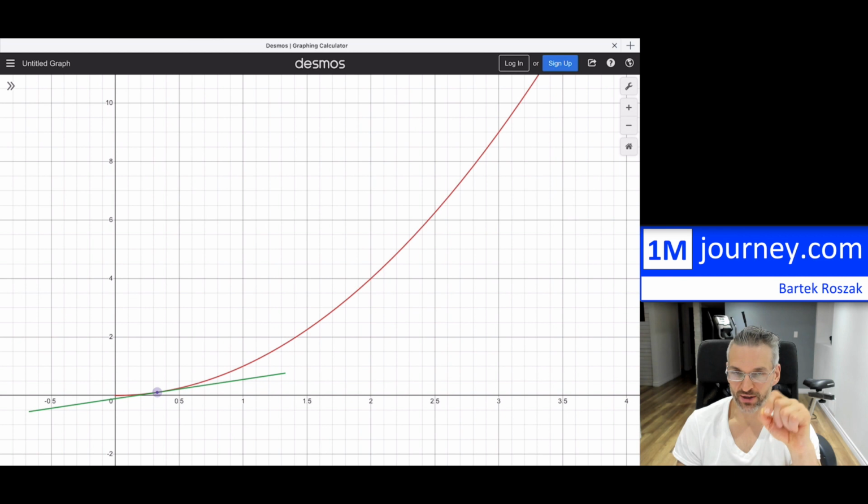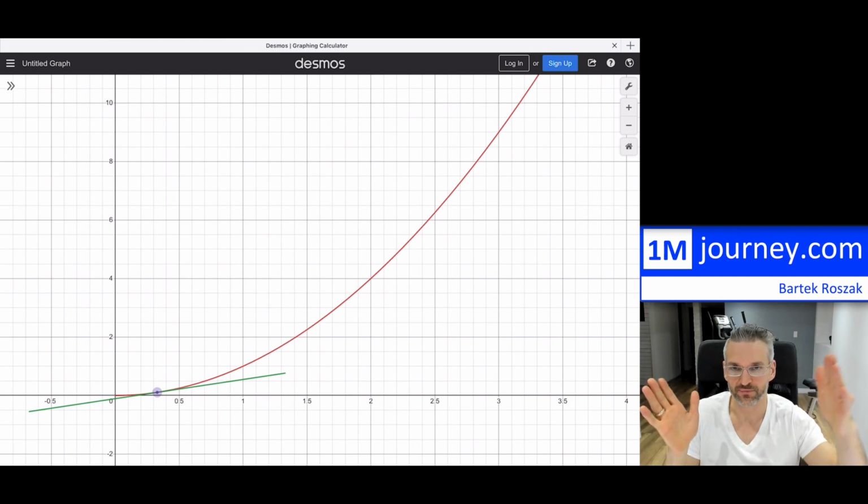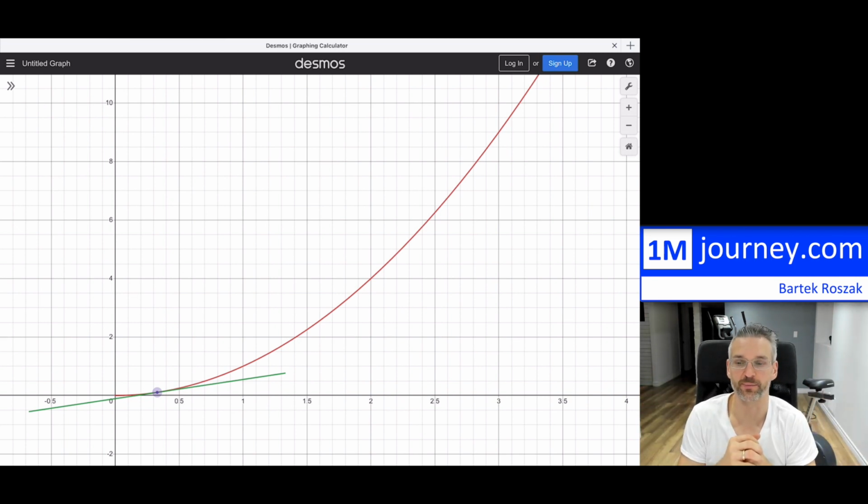As you're driving in a car, you'll look at the speedometer and think, what am I going at right now? That's the instantaneous velocity. That's not the average velocity, where you're taking an average over a long period of time, maybe sometimes a short period of time.